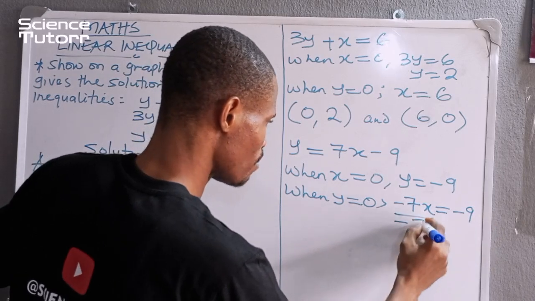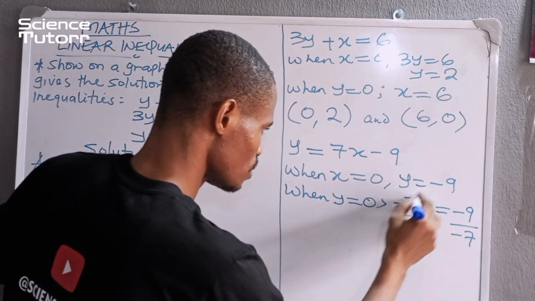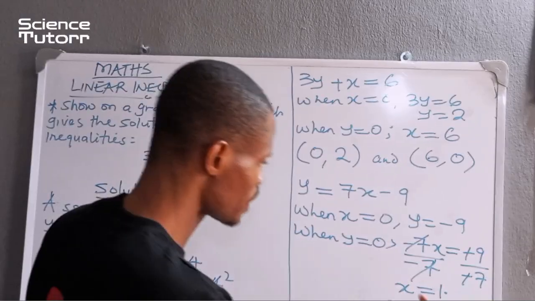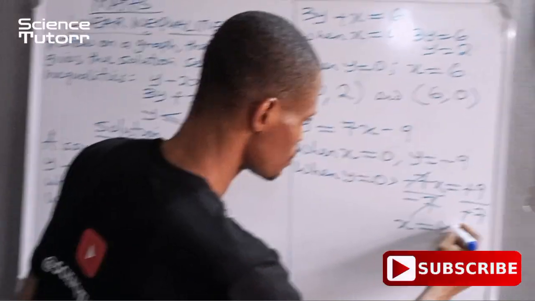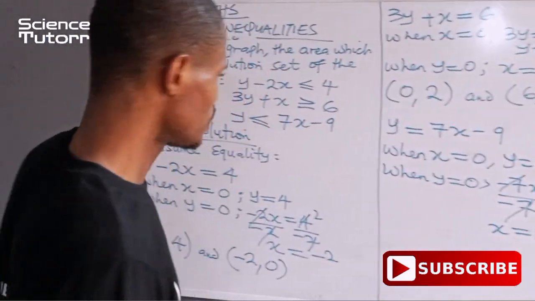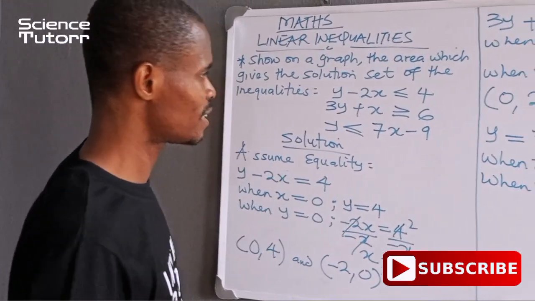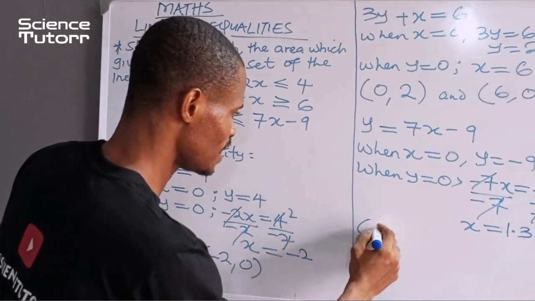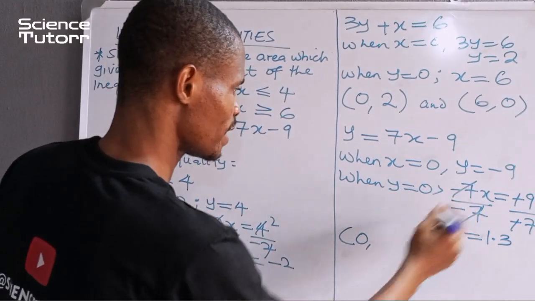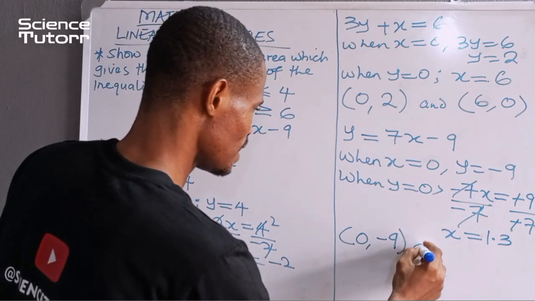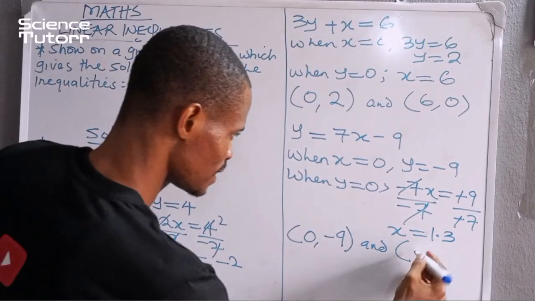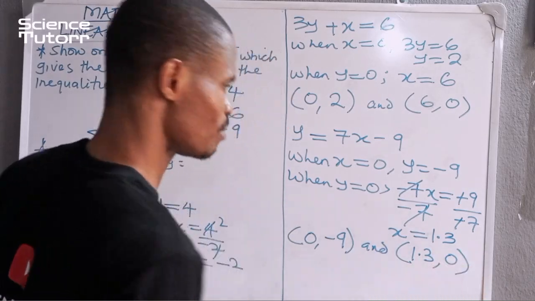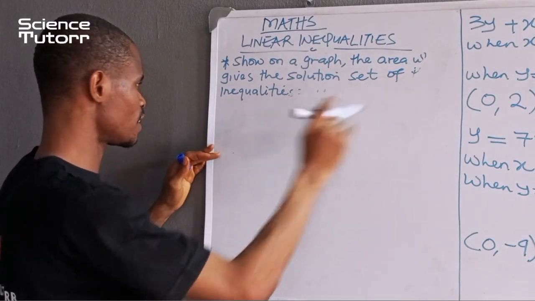So dividing through by minus 7, we have x equal to 9 divided by 7, which gives us 1.3. At the end of the day, let's list our coordinates. X is 0, y is minus 9, and x is 1.3, y is 0.